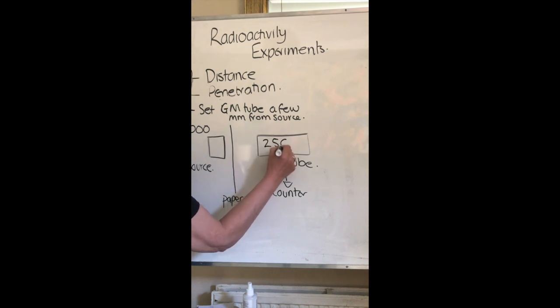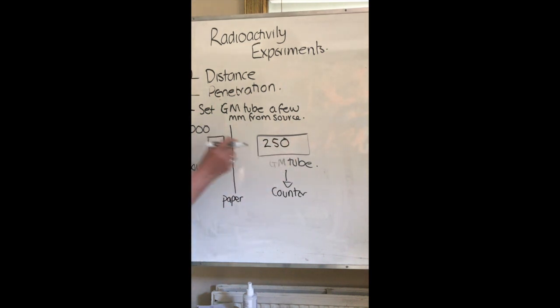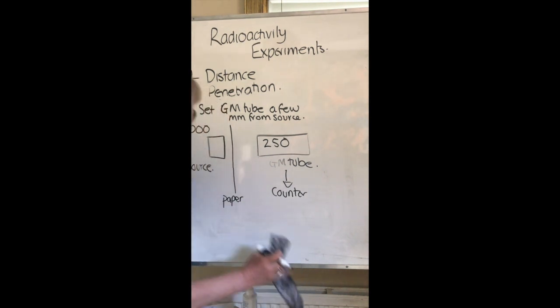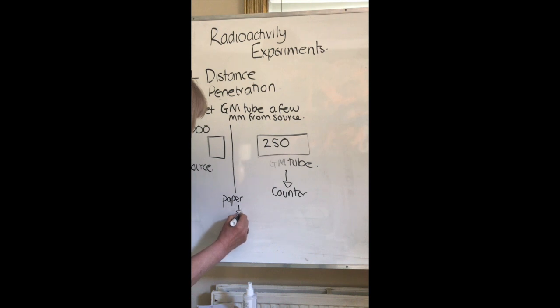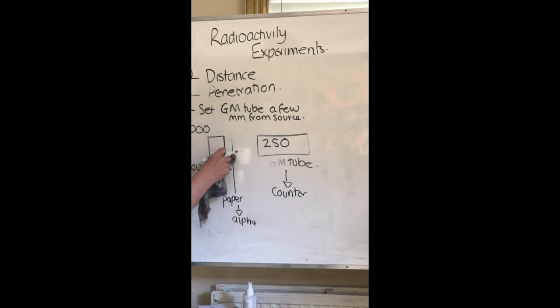Let's write it in there so you can see. We know that this is background because we talked about that earlier. So all of that radiation that's come out of that source has been absorbed by the paper, and it's alpha that's absorbed by the paper. So if we drop to background levels after paper, it is alpha.